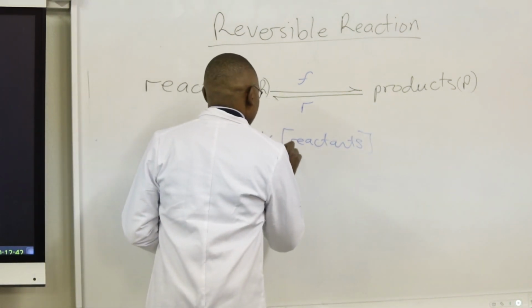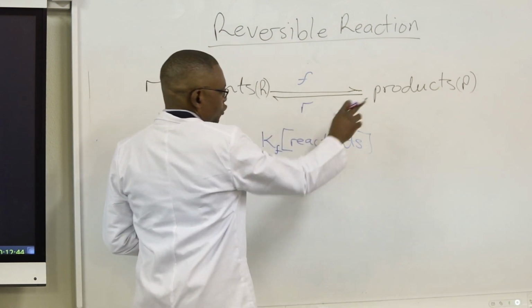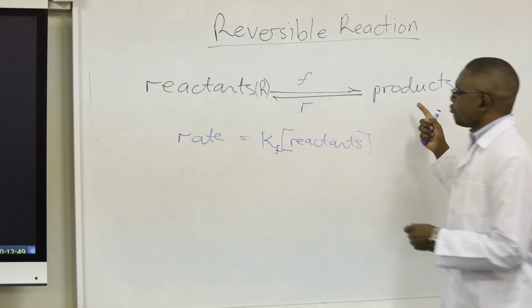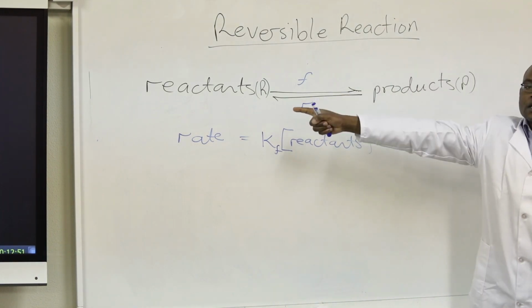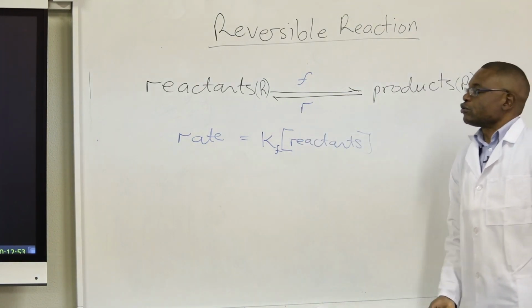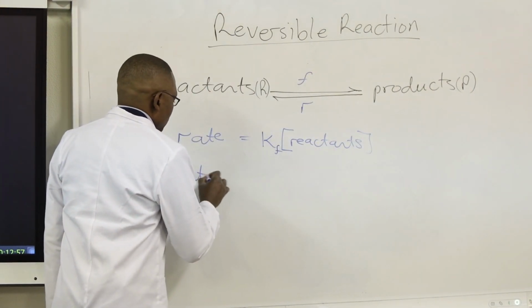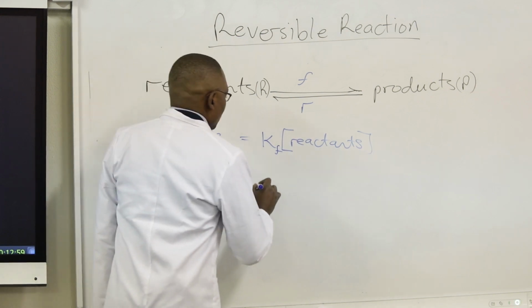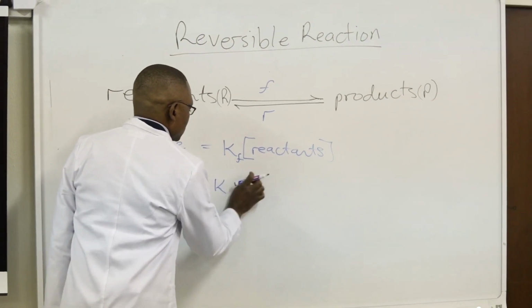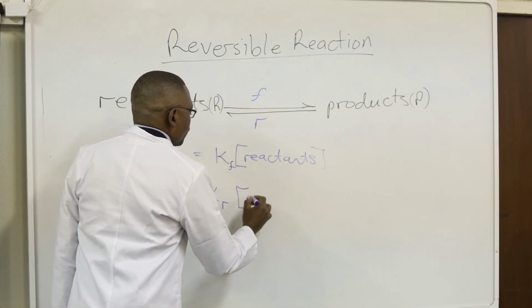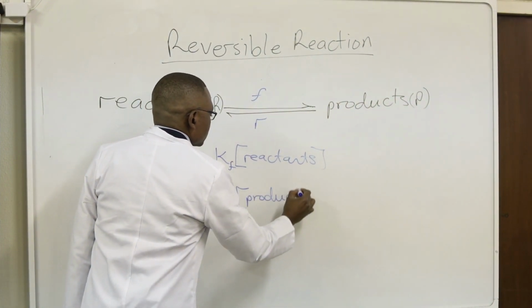So we can say Kf, f for the forward reaction. If we are to represent the rate for the products breaking down to form reactants, we are going to say rate is equal to the reverse reaction Kr, the concentration of products.